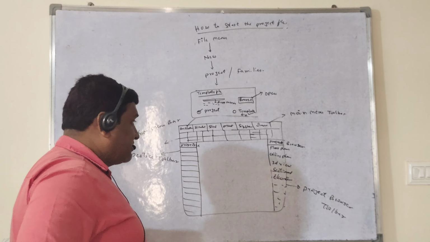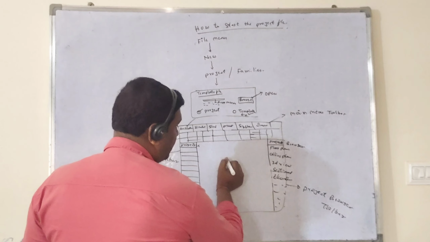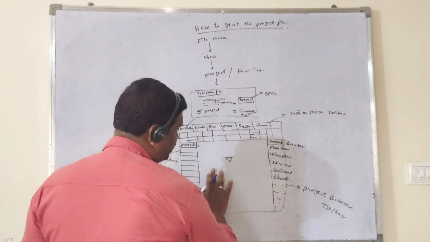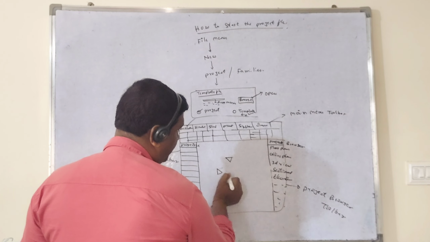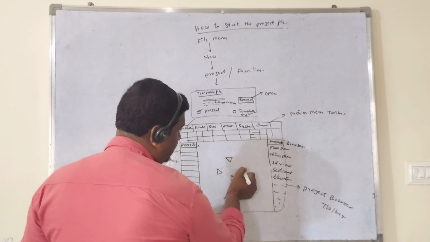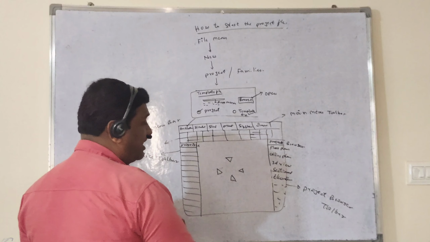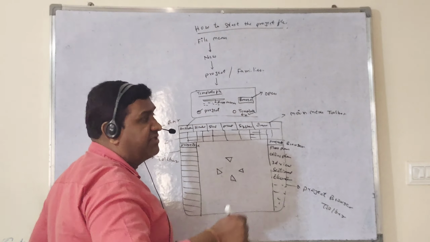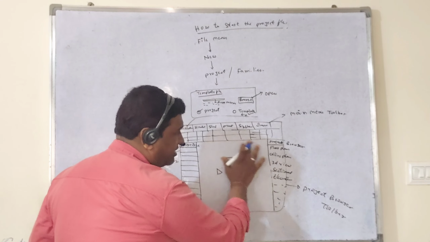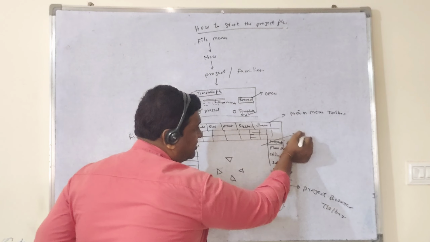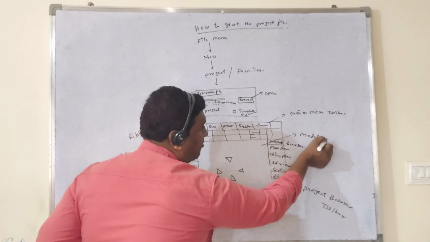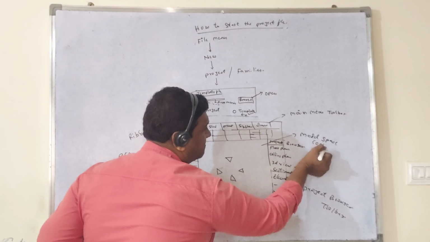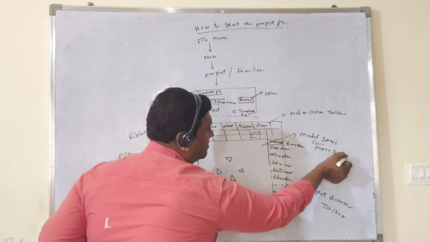Okay, so after that you will see on the screen a four triangular shape icon, at the center of the screen, in the middle of the screen. This space we will call the model space, or model or paper space, because this is your paper.